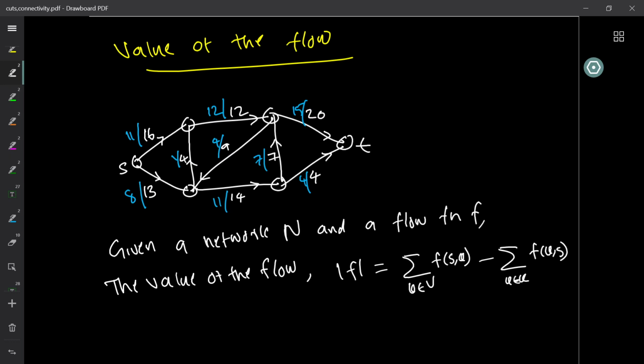Now, one of the natural questions one can ask in flow theory is how to maximize the flow. You have constraints like the capacities of the edges, the network capacities, which are the maximum that we can transport, and with all these constraints we want to maximize what we can actually send.